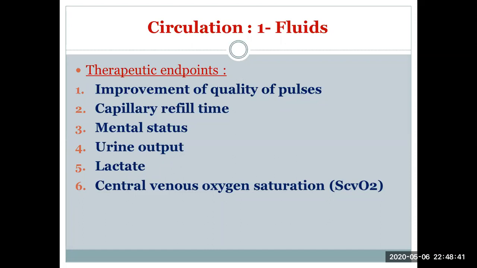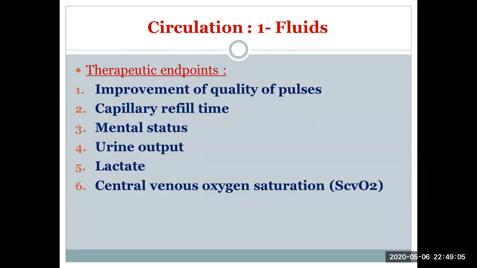The patient needs more fluid, more inotropes, further escalation of therapy. There is something you did not troubleshoot. There is something still hidden. There is some tissue perfusion dysfunction at one level that you did not treat yet. So lactate is a very sensitive parameter as a therapeutic endpoint and for the effectiveness of management.